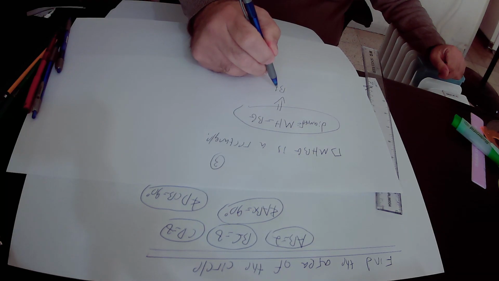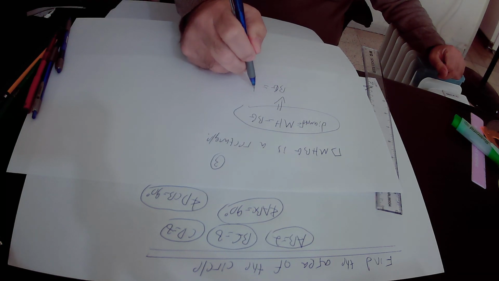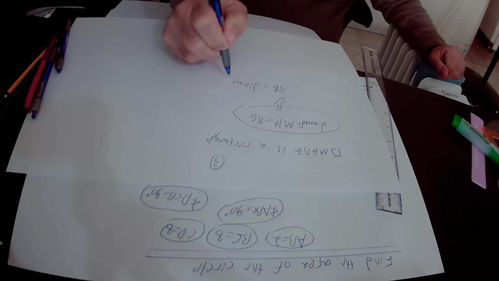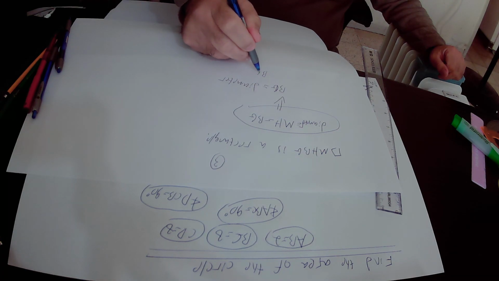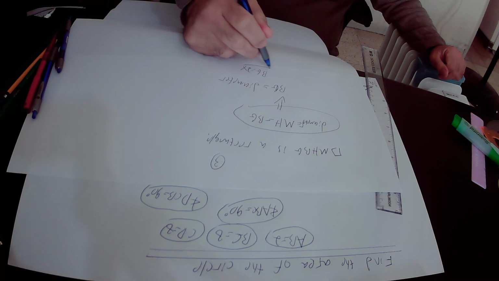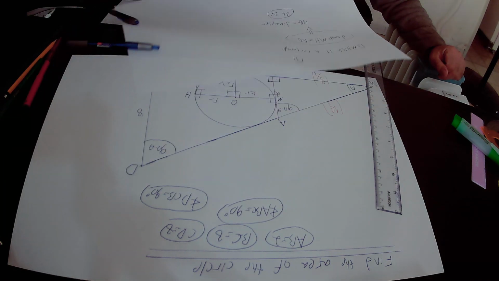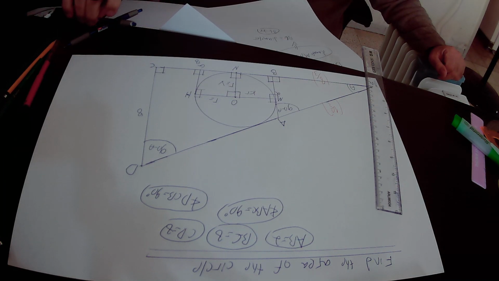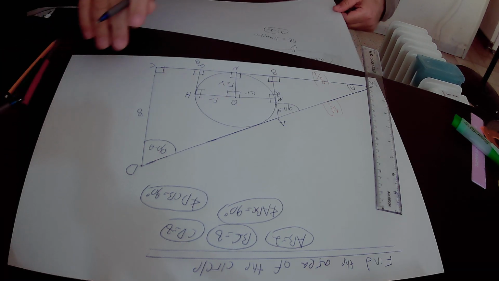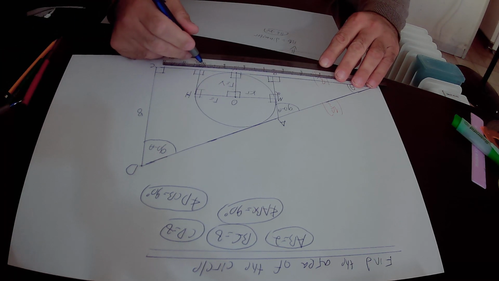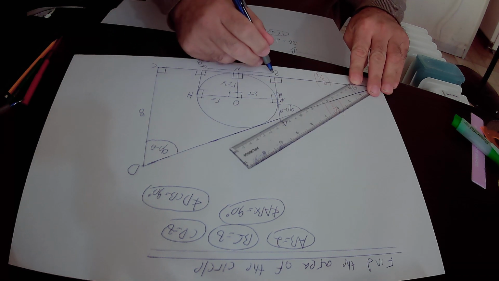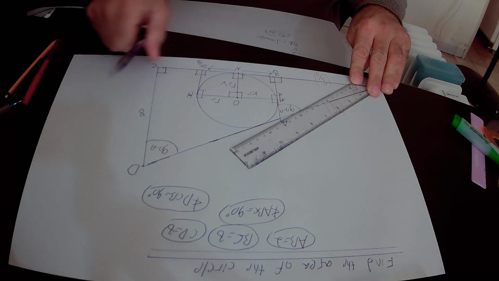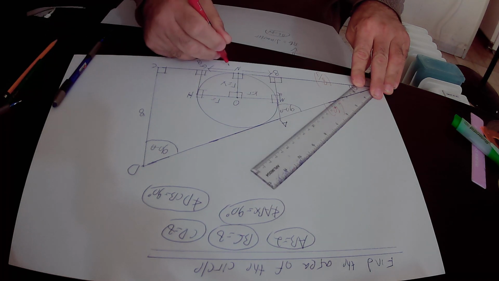So BG is also the diameter, but the diameter of the circle equals 2x, therefore BG equals 2x. So we can write down here that BG equals 2x in its length.